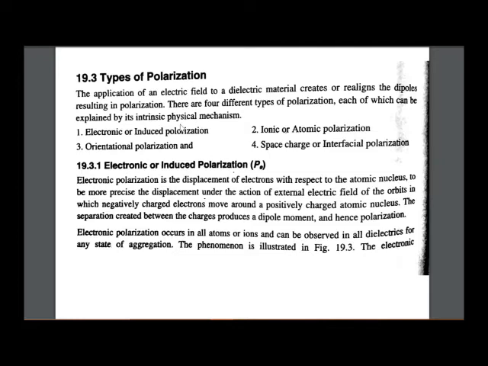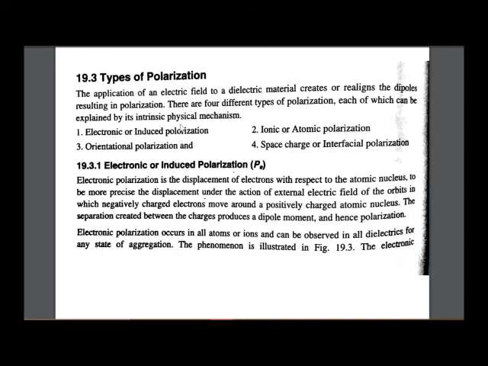The separation created between the charges produces a dipole moment and hence polarization. So once the electric field is applied, the negatively charged electrons revolving around the nucleus change their orientations, and even the nucleus position is displaced, and thus the atom exhibits electric polarization, which is called induced polarization.